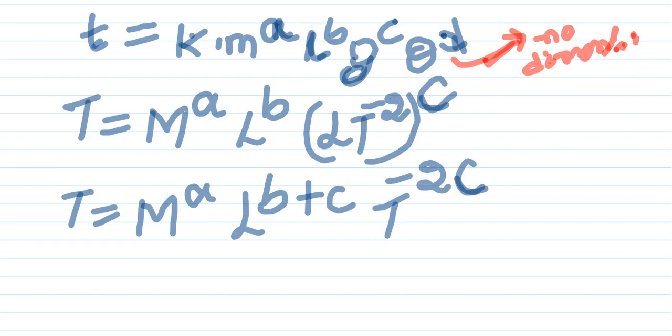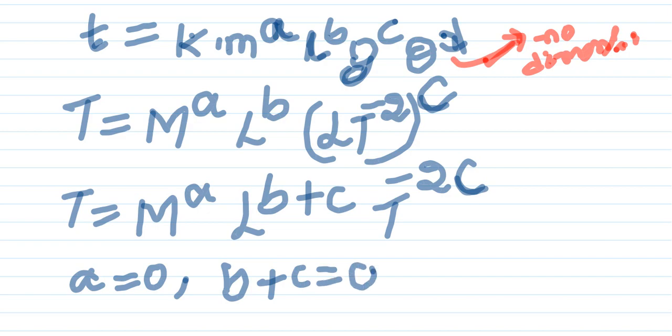So what is the value of the powers here? According to the principle of homogeneity, equate the dimensions on both sides. a is 0, b plus c is 0, minus 2c is equal to 1.